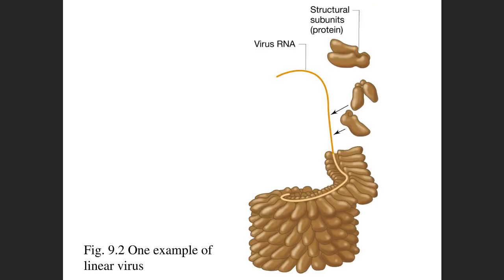And then there's a virus called a linear virus. And this is an example of a linear RNA virus. There are linear DNA viruses as well. And what's unique about this virus is that its genome is coated by one protein. You see, these are the proteins.